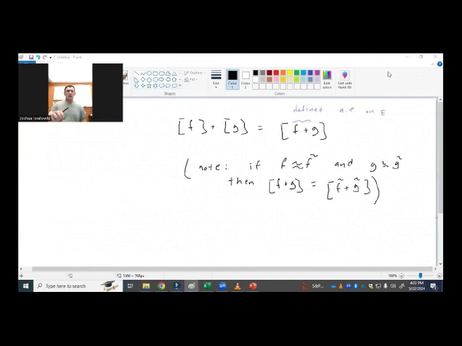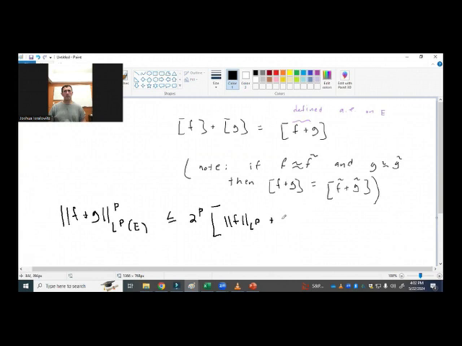Okay, so the claim here is the following, an easy thing to prove: the norm of f plus g, raised to the p, is less than or equal to 2 to the p times the LP norm of f plus the LP norm of g.